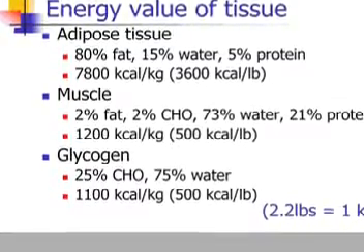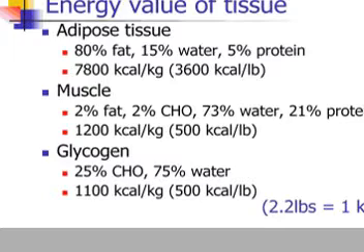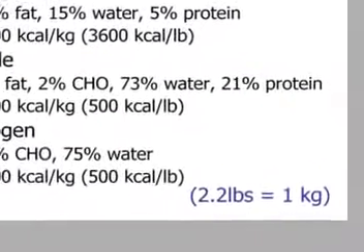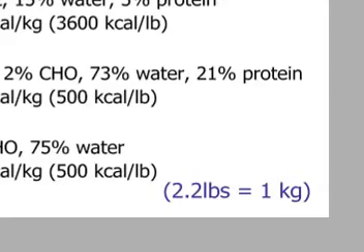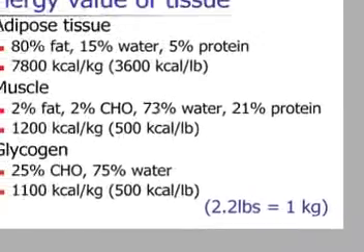And glycogen, which is a starch associated with water both intracellularly and extracellularly because of the excess water that it binds, has a density of about 1,100 calories per kilogram. So when you're looking at weight changes as a function of caloric restriction, it is important to understand what composition of that weight is changing.